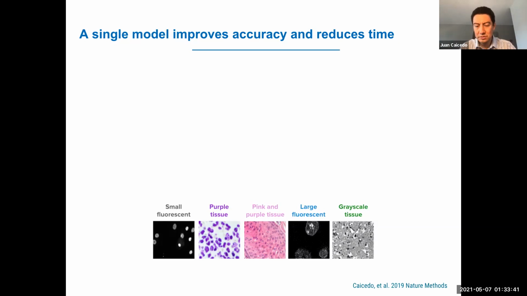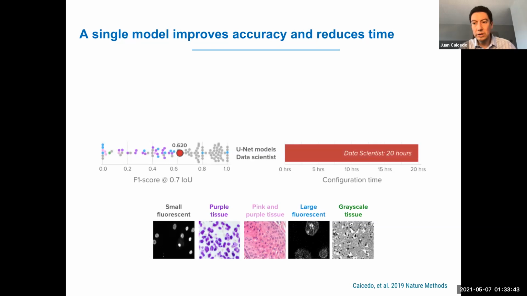So what are the options? One of the options is we can hire a data scientist that can take a basic U-Net model and train it with the training sets that we have, and then run one U-Net for each different type separately, because that was the practice at the time.